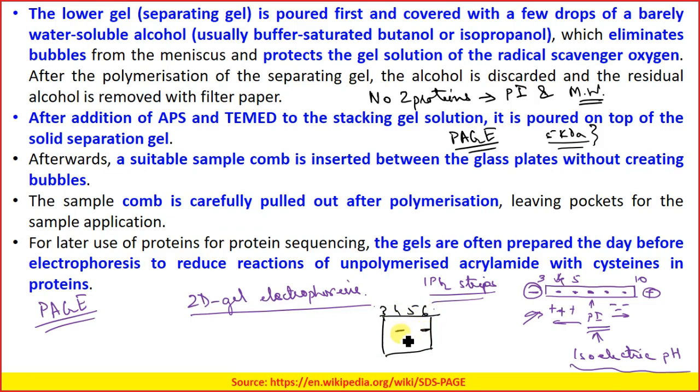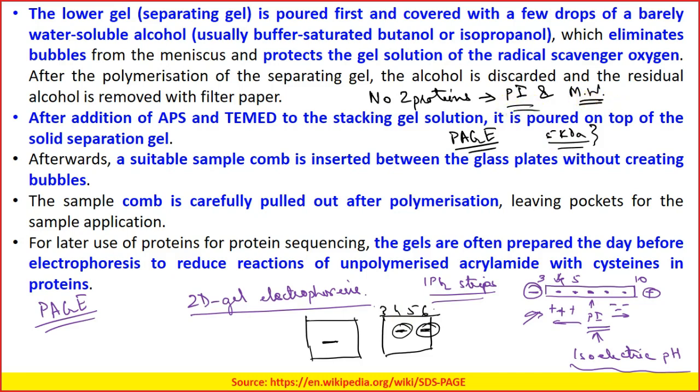In normal PAGE, both of these would give only one band. However, since you have segregated these proteins in terms of their isoelectric pH, you will be able to separate both of these proteins separately.